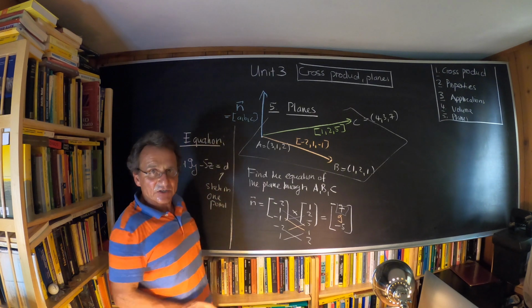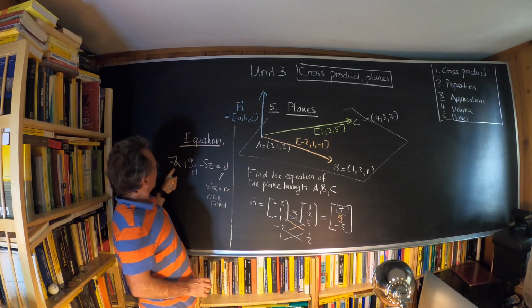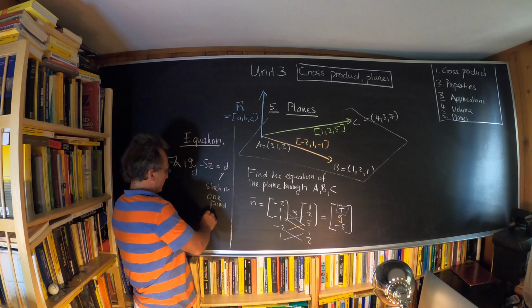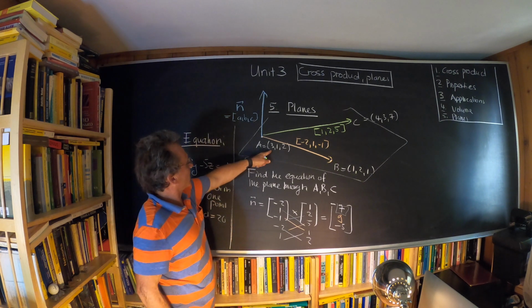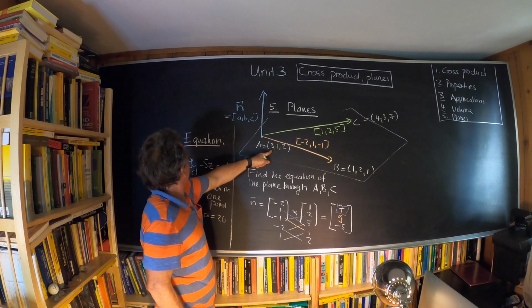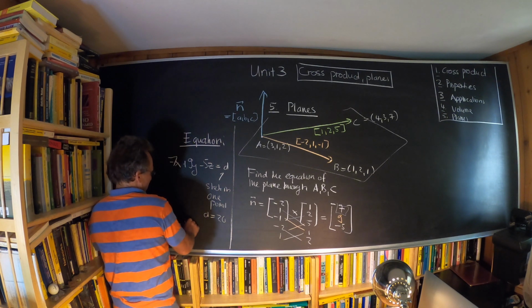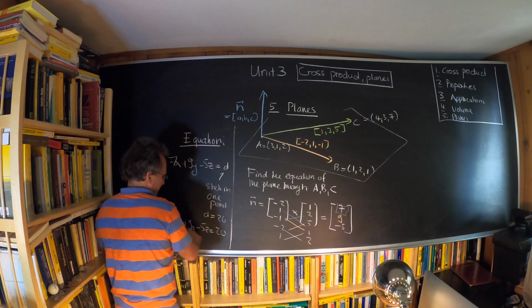It doesn't really matter which point you put in. For example, if you put in 1, 2, 1, you get 7 plus 18 minus 5, which is 20. And if you want to double check, you can put in 3, 1, 2: 21 plus 9 minus 10 is also 20. So our equation is 7x plus 9y minus 5z is equal to 20.